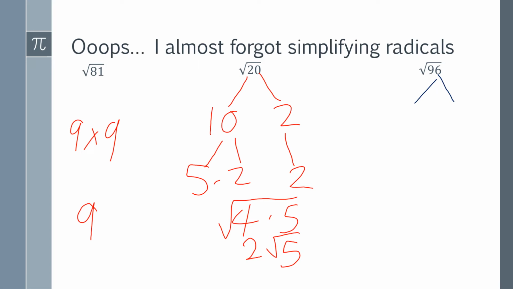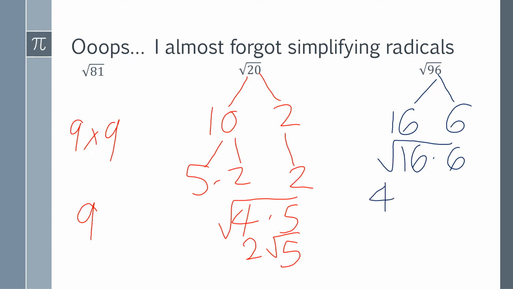So I could think of 16 and 6, because 16, I know, is a perfect square of 4. So I could put that out. And also the square root of 16 is 4. Do we know the perfect square of 6? No. And you are finished. All right? Just like that.